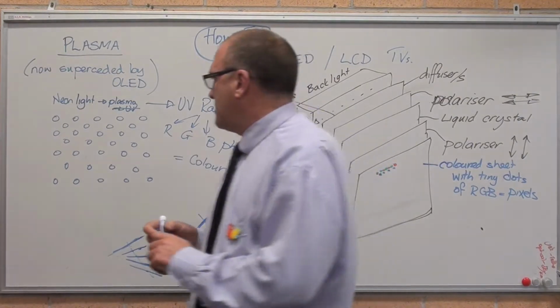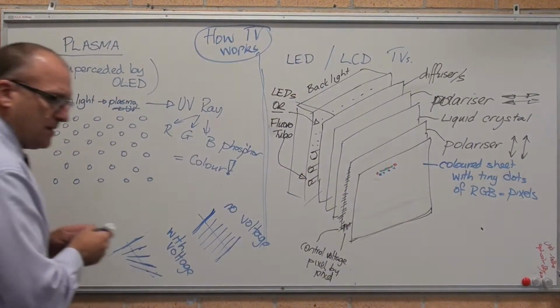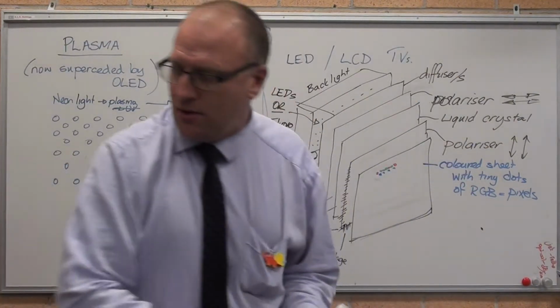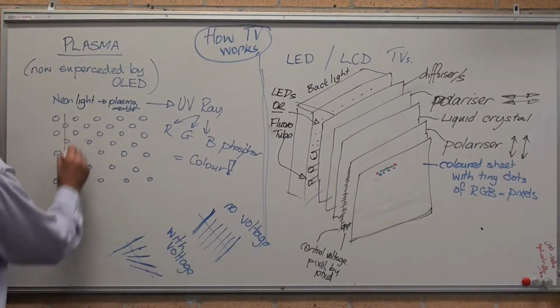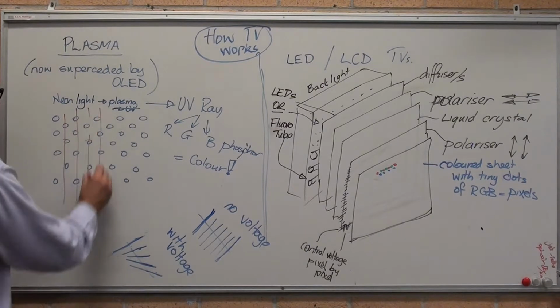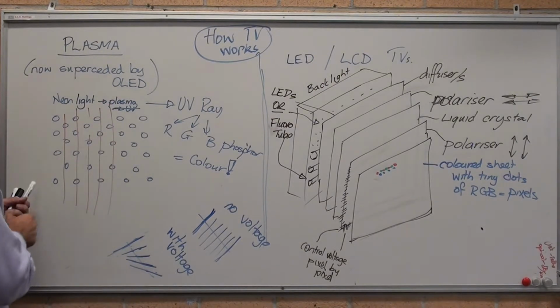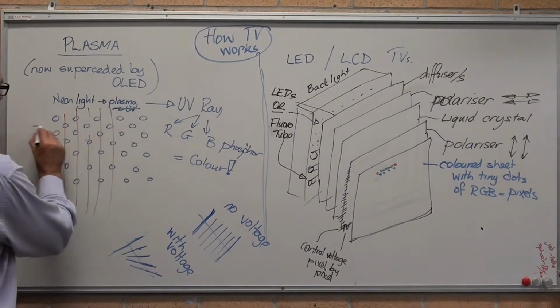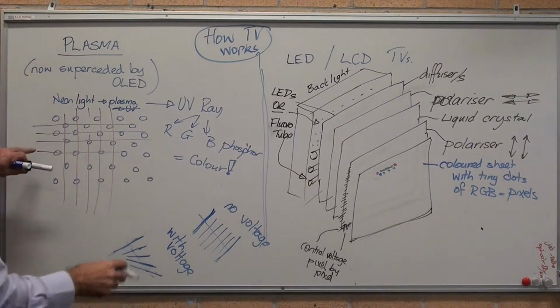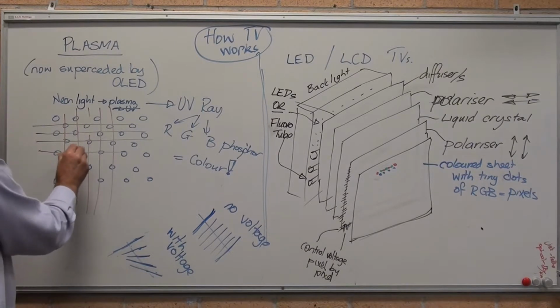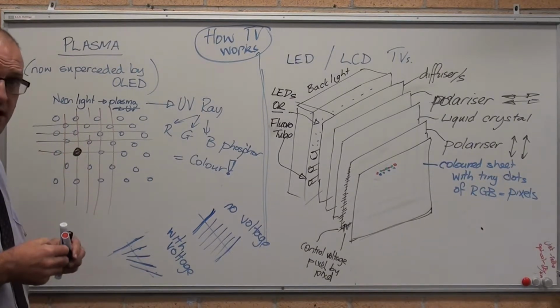They had a neon light, so you had running down here, positive wires. You had running across here, the negative wires. If I connect this one and that one, then this would light up momentarily.